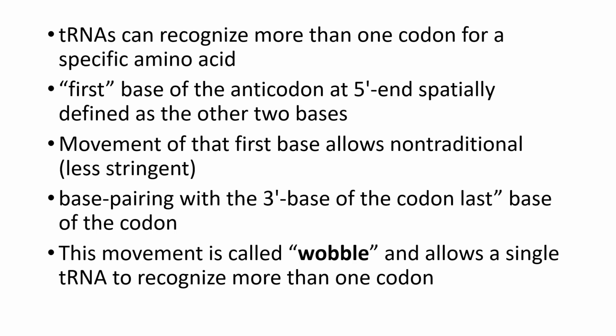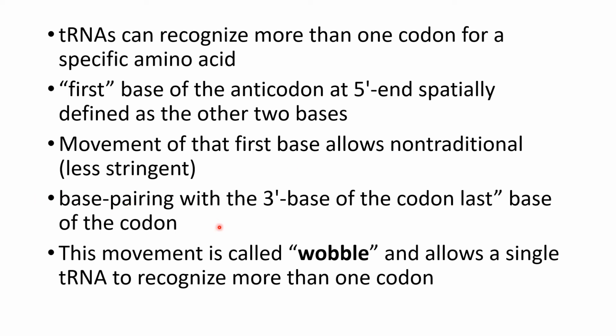The Wobble hypothesis shows that the first base of the anticodon, which is present at the 5' end, is non-traditional and less stringent.